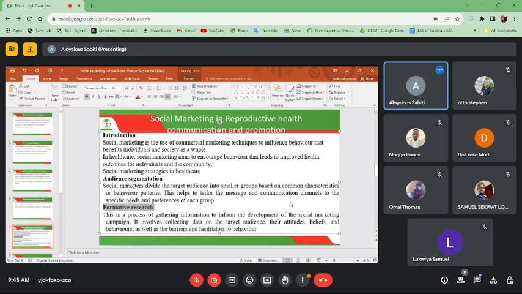So, that first strategy is that you should be able to divide your target group based on their characteristics.